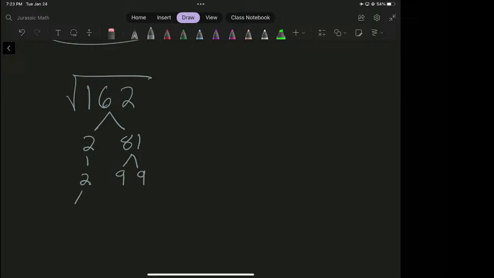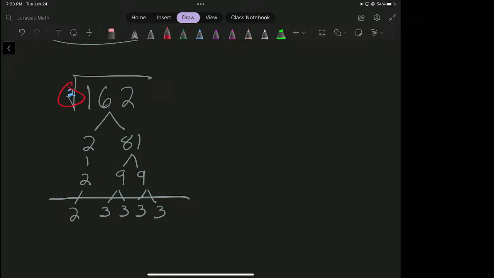And then we can break up the two 9s into 3, 3, 3, and 3. That's my prime factorization.